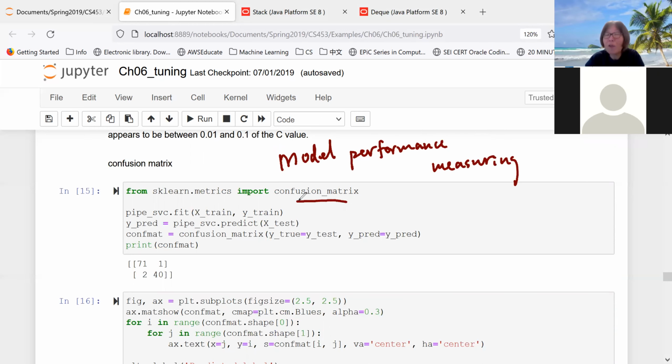And besides accuracy, we can also do a confusion matrix. It gives us more idea. Confusion matrix is regarding true positive, false positive, true negative, false negative, is it?